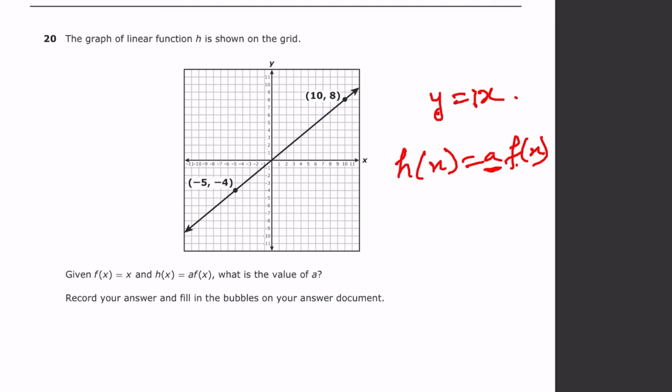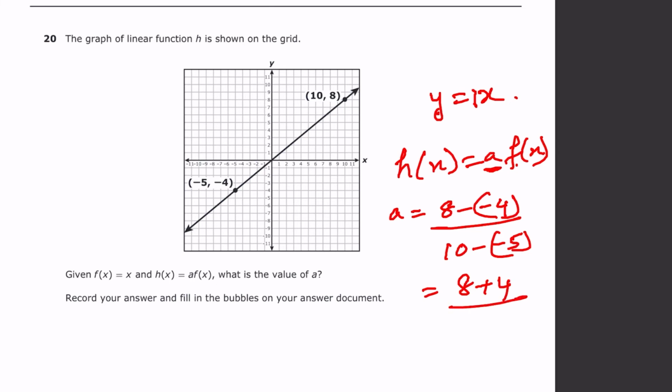So a is equal to y2 minus y1, means 8 minus of minus 4 divided by 10 minus of minus 5, which is equal to 8 plus 4 divided by 10 plus 5, which is equal to 12 by 15. Or this can be 3 4s are 12 and 3 5s are 15.